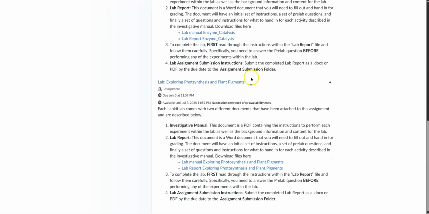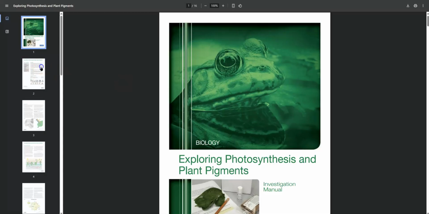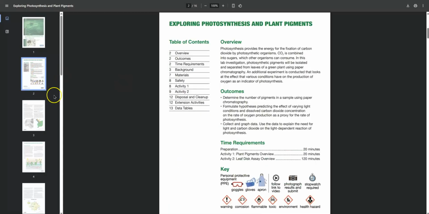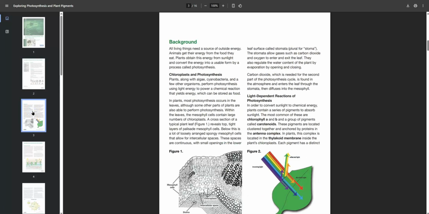All right, and then the third lab is the photosynthesis lab. So for this one, you're going to be looking at plant pigments from different materials. So this just kind of gives you the background about plants, which you should have already learned about because you're doing this in the next week.